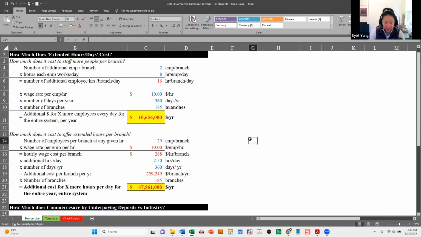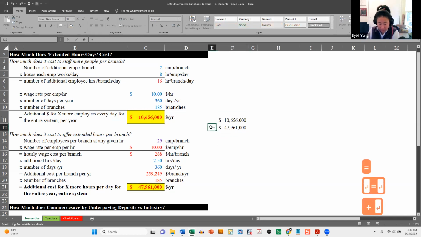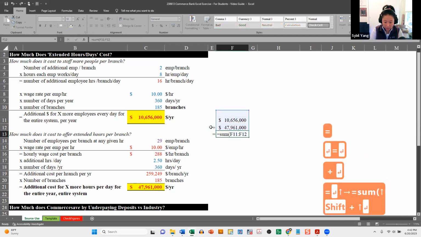So if I plan on operationalizing better service in terms of 2 more people per branch and 2.5 more hours per day of operations, that'll cost me about, and I'm going to go ahead and add it up here, equals that, plus that, equals sum.